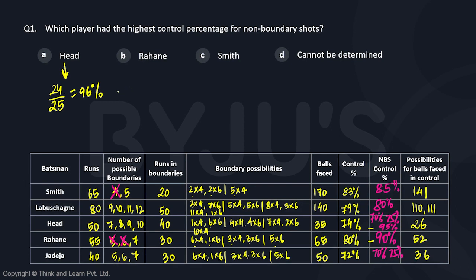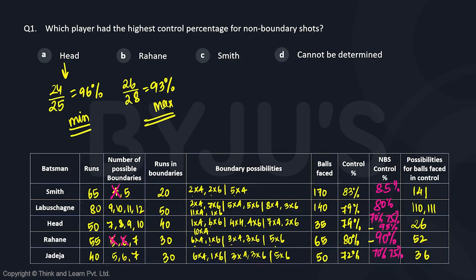And if there is a difference of 2, we will have 26 upon 28, which will be 93%. So this is the maximum possible number of balls he has faced in control upon total balls faced for NBS. So this is the minimum that we are going to have for Head.